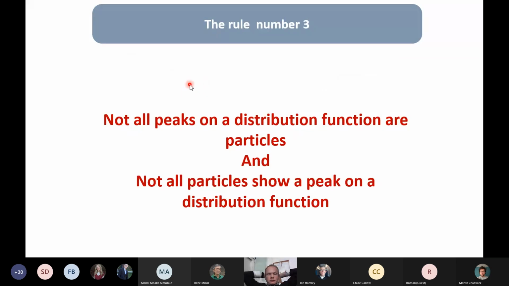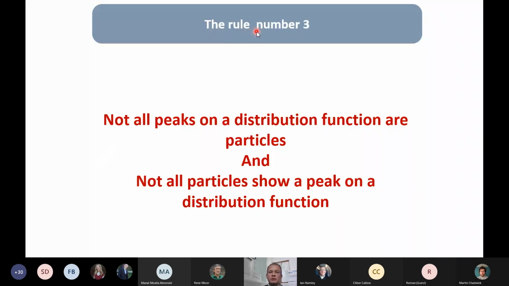Again, I told you already that dynamic light scattering is measuring the diffusion coefficient. But if you're working with a very complex system, a very concentrated one, or with charged particles, it's highly possible that you might see some artifacts, or alternatively, you might not see something that exists in solution.